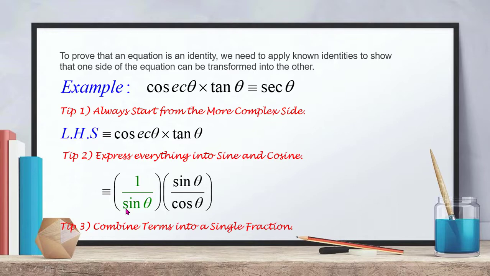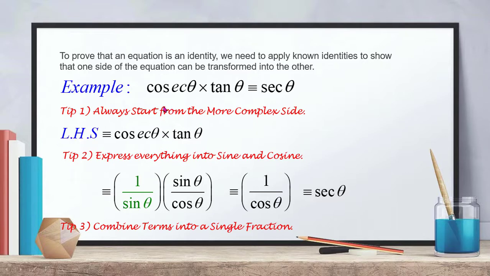Okay, so what we'll do next is combine the terms into a single fraction. In other words, we're going to cancel out what's common on the numerator and the denominator. Here what's common is sine theta, so sine theta and sine theta will cancel out, leaving us with simply 1 over cosine theta. And 1 over cosine theta is the reciprocal identity for sec theta.